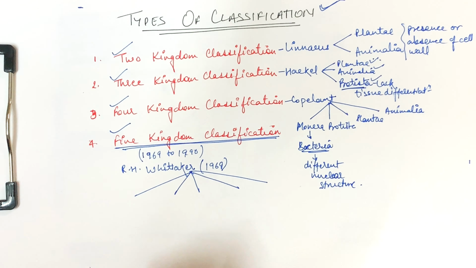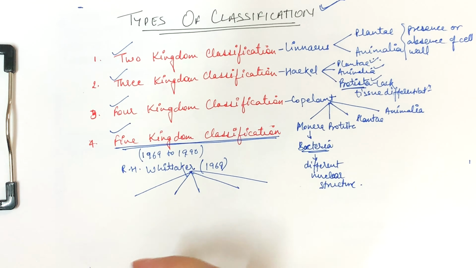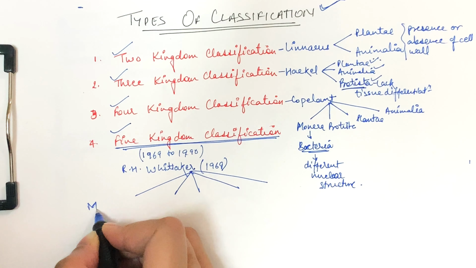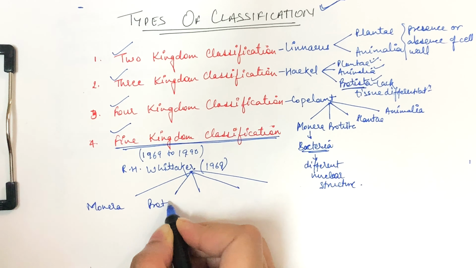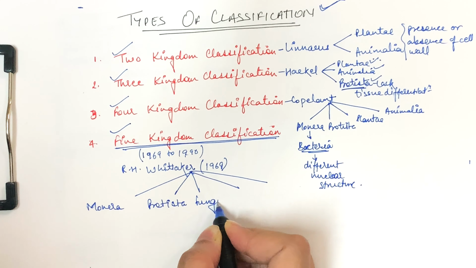He took into consideration various factors, and he divided the entire kingdom into five kingdoms, that is Monera, Protista, Fungi, Plantae, and Animalia.